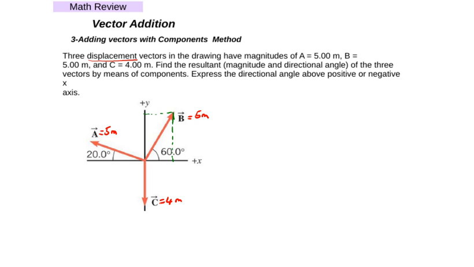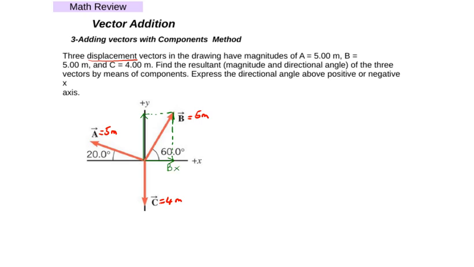First of all, I want to show the components to see if they are positive or negative. Draw my lines, the x and y axes. Where they hit the axes, I draw my arrows from the origin to there.